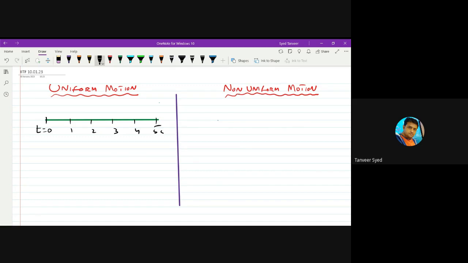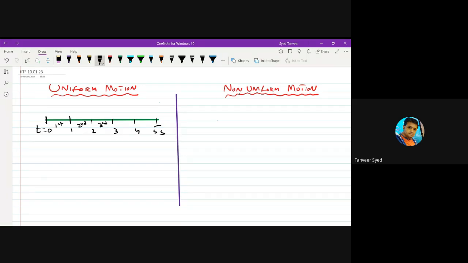It is traveling for 5 seconds. Let us say it covers, during the first second of its journey, what is first second? 0 to 1. This is first second. This is second second of journey. This is third second, fourth second, like that.